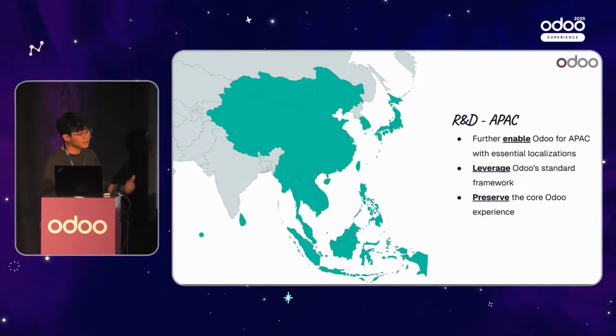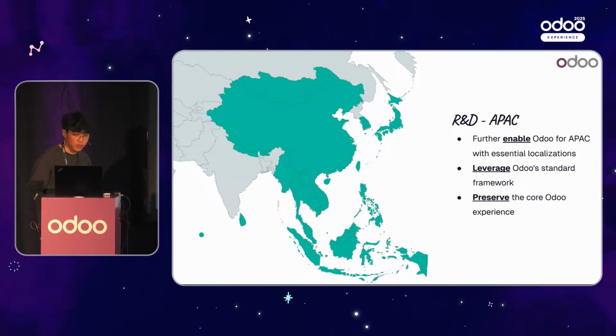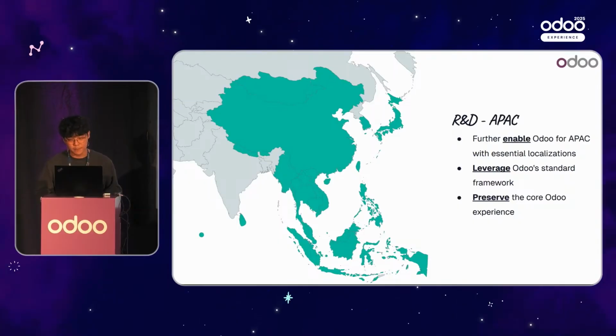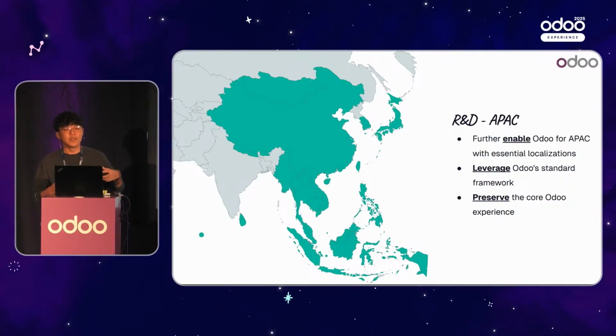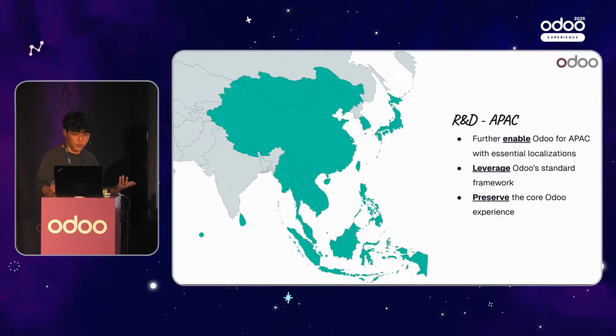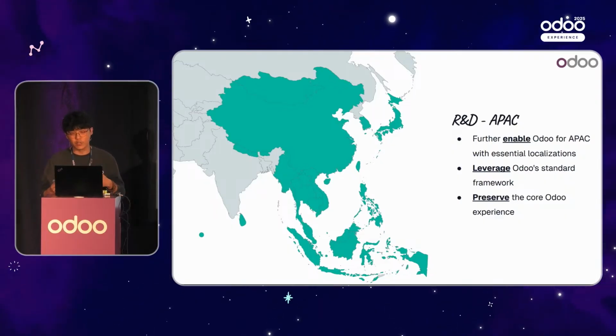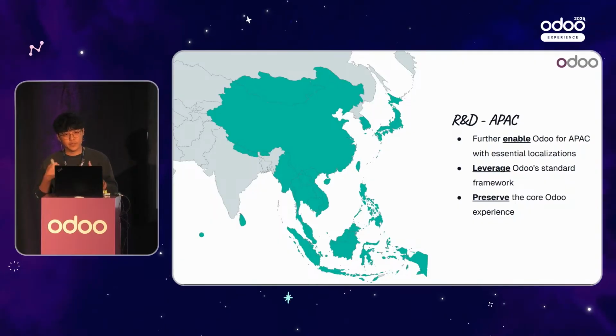And as you can see, these are all the regions that fall under the scope of the APAC region, which is a little bit more than 20 different countries. As I mentioned, we don't just build up something new, but we leverage Odoo's standard framework and all the features there are so that we can preserve the Odoo core experience.